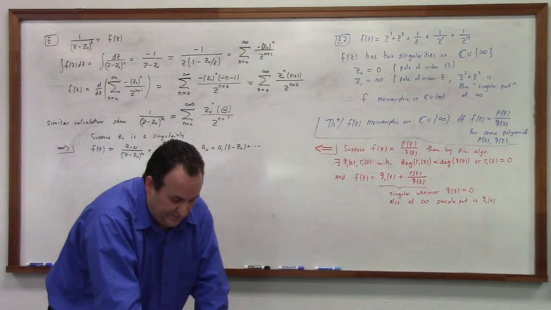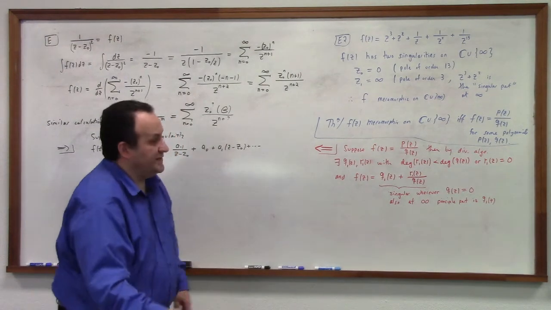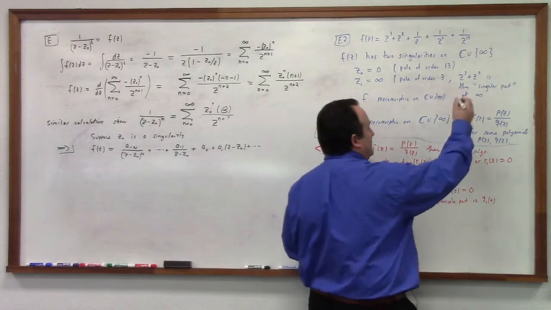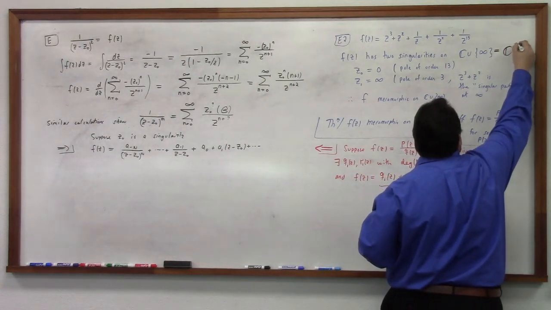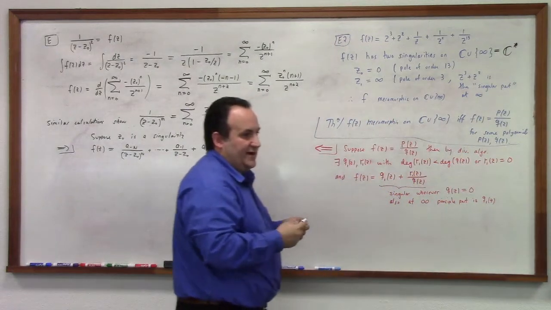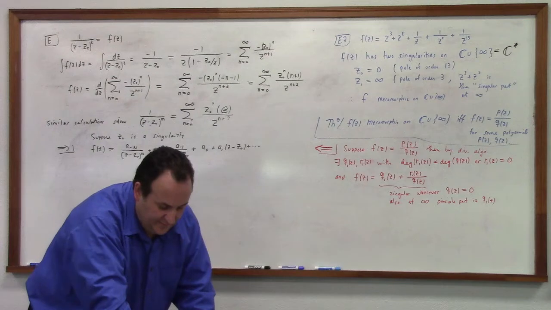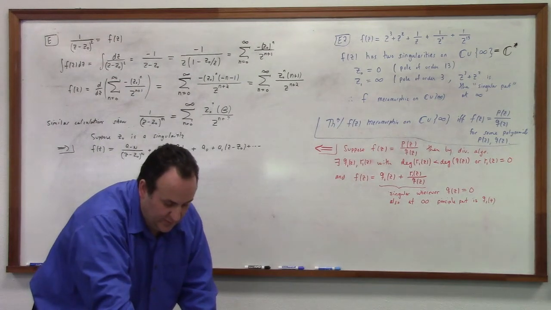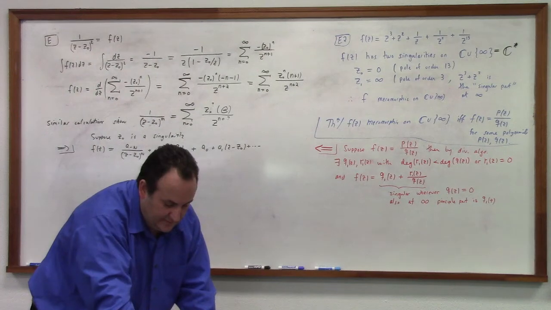On page 137 of my notes, it says f of z is a meromorphic function on C star. C star is my notation for C with infinity tacked on. The number of poles of f must be finite, otherwise they would accumulate to give a singularity which is not isolated.